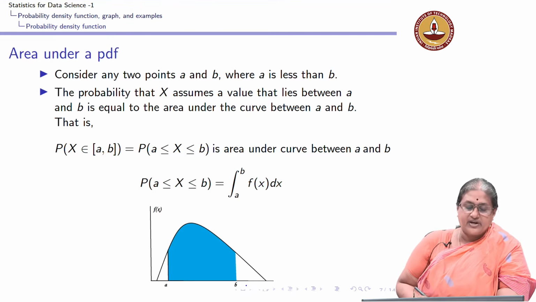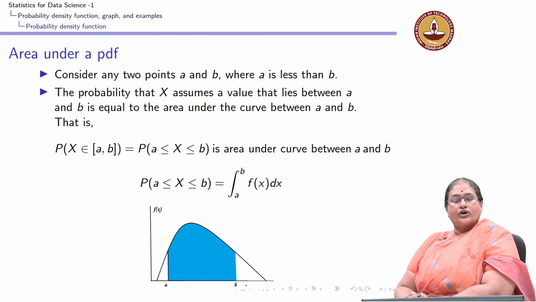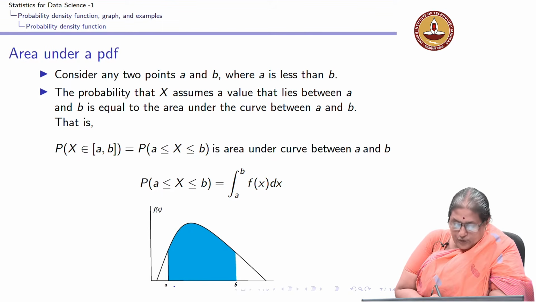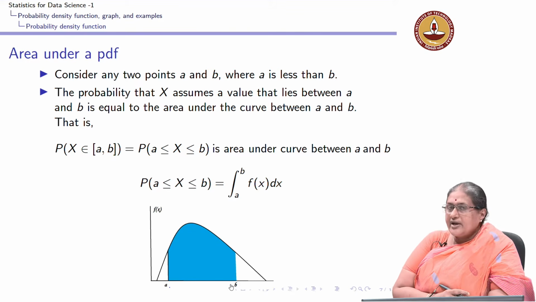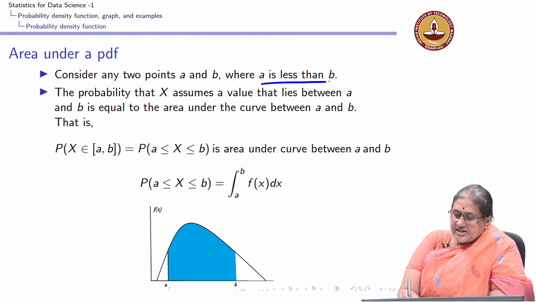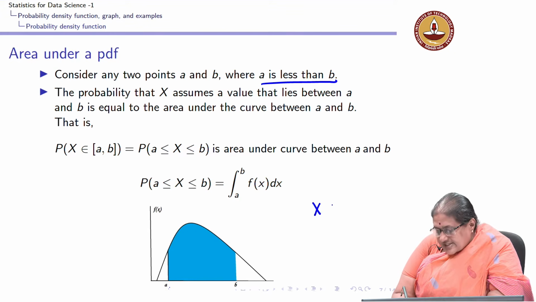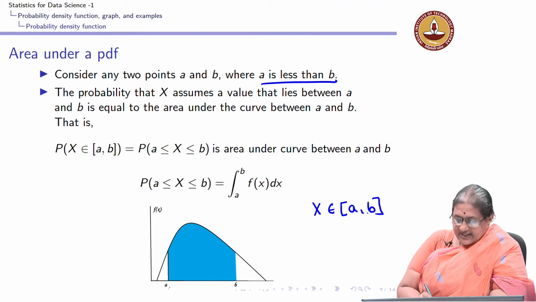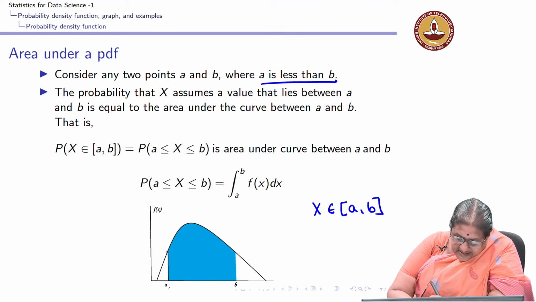Let us define the probability density function in a more concrete way. Let us consider any 2 points A and B. A and B are anywhere on the real line. It could be negative, it could be positive, they are just any 2 points. I have A is less than B, that is the only condition I have. I know that x belongs to the interval A and B, and the chance that x belongs to any such interval is dependent on the curve you are defining here.